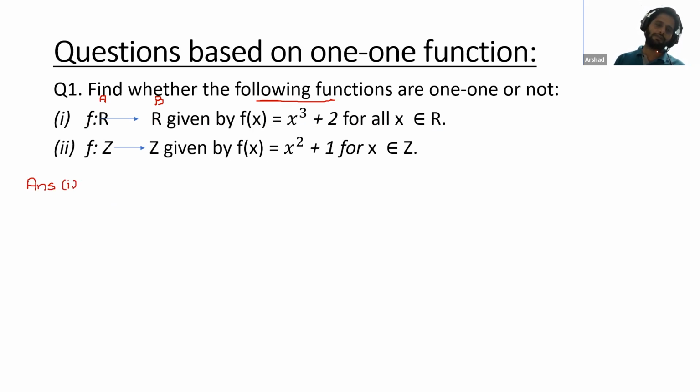Josefa, what is R in this case? Real numbers. Okay, so here both the sets are real numbers, and this is given f(x) = x cube plus 2. So we need to show that this is a one-one function.